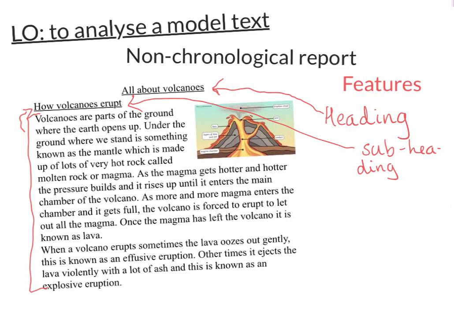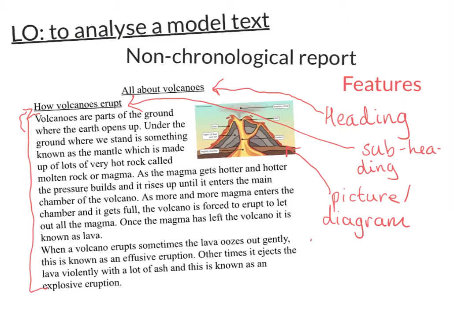I also have here a picture. Or, well, actually, it's probably more of a diagram. These help the reader to picture what is going on. So I've talked here about how volcanoes erupt, so then I put a picture of an erupting volcano because it helps the reader know what's happening.